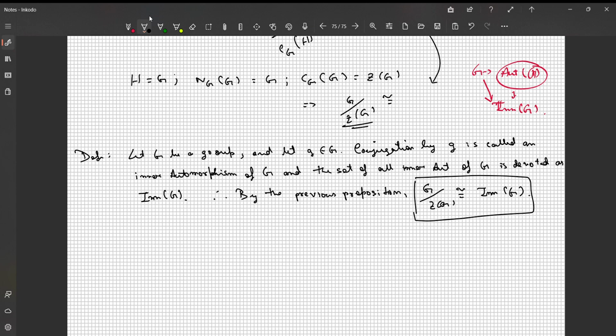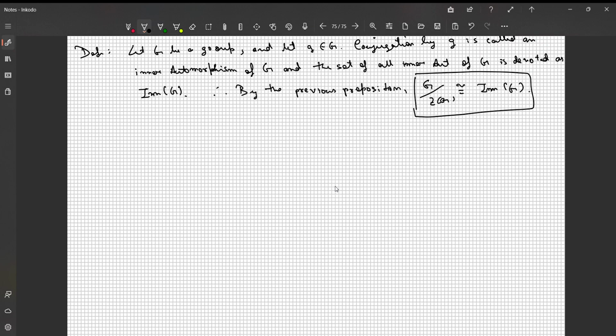Now let us understand a few examples regarding this. Example number 1. Suppose G is abelian. Then sigma_g of h is g h g inverse, but this equals h, right? Therefore, this is the trivial action. Is the converse true?